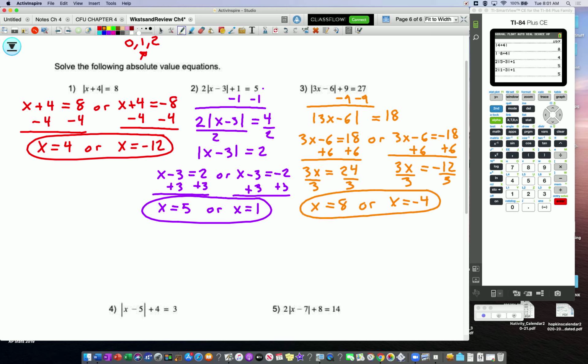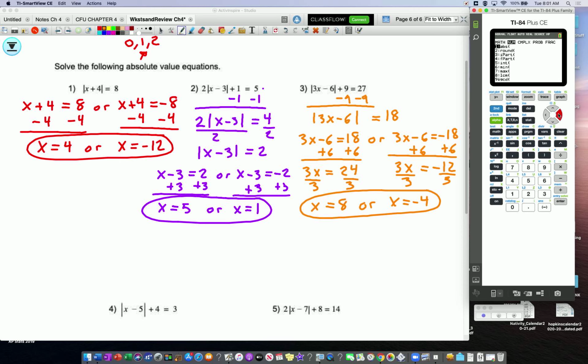Okay, let's check those. I start with the absolute value. It says 3 times one of my answers, so 8 minus 6. Go outside, add 9 to it. When I hit enter here, I better get 27. And I do.